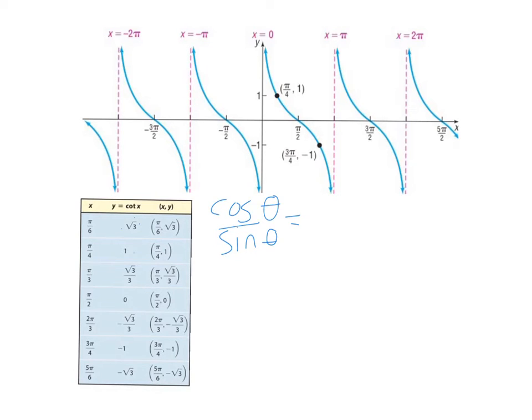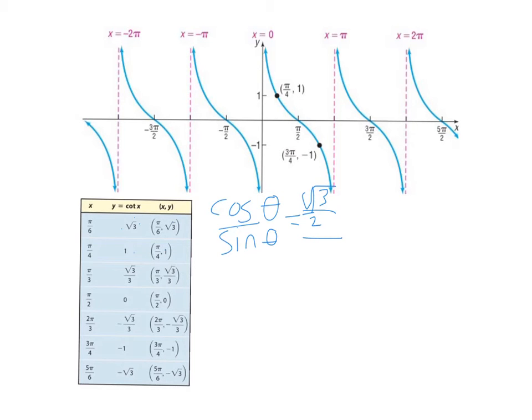So like at pi over 6, cosine of pi over 6 would be 1/2. No, it'd actually be square root of 3 over 2. I had to think about that for a minute. Cosine of pi over 6 would be square root of 3 over 2.